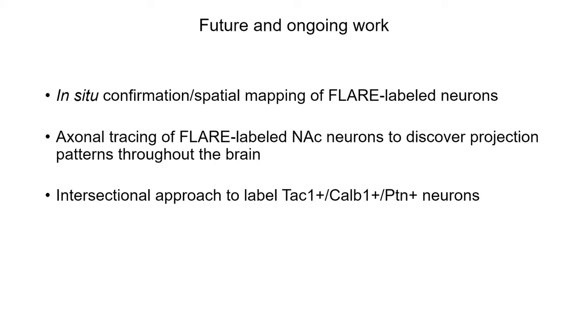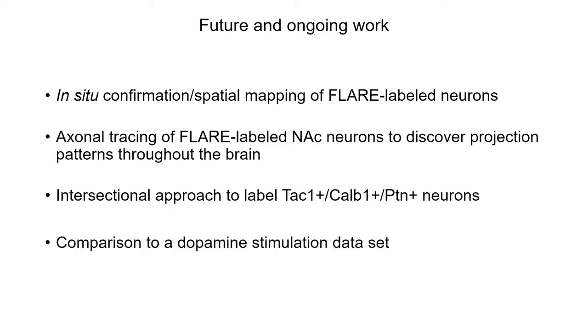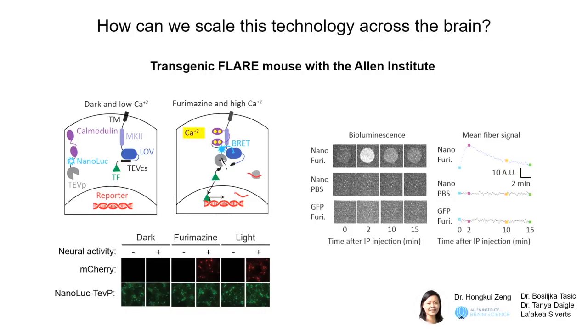Of course, we're always interested in intersectional approaches to trying to label these TAC1, Calb1, PTN positive neurons, maybe using some of, we're eagerly waiting the striatal data set from you guys on cell types so we can see if there's any marker or way to access neurons like these using a specific enhancer. And I've also collected a simultaneous data set where I've labeled neurons that are activated by dopamine axon stimulation rather than glutamate. And so now we're comparing the sort of transcriptomic results we have between these two data sets.